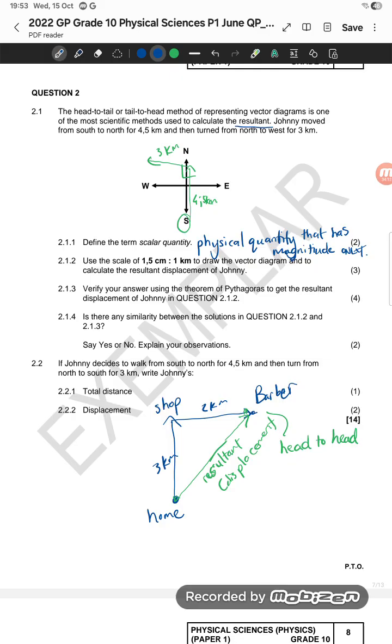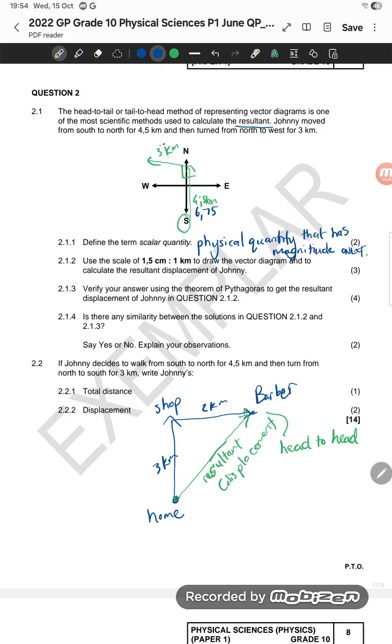Okay, so use a scale of 1.5 centimeters to 1 kilometer. So you'll say 4.5 times 1.5 to tell you how many centimeters you've got. 4.5 times 1.5 is 6.75. So this is going to be 6.75, and you're going to write it in. Make sure you write it in. 3 times 1.5 would be 4.5, I think.